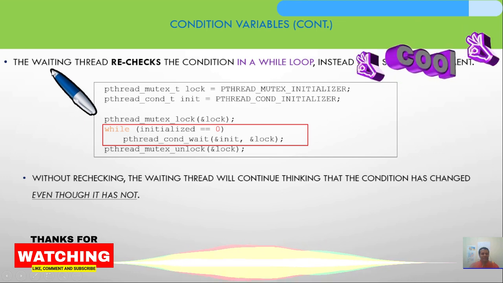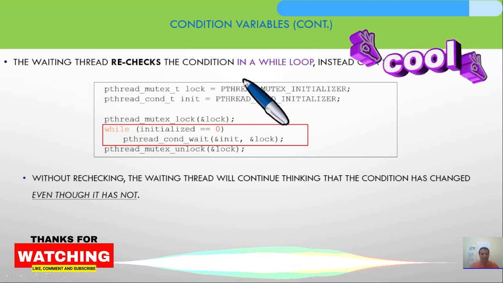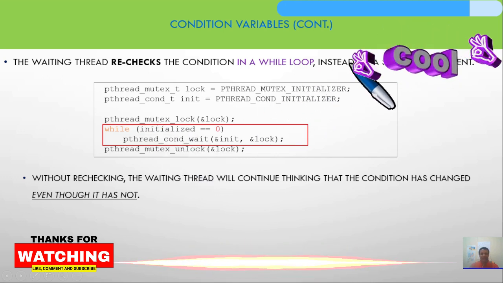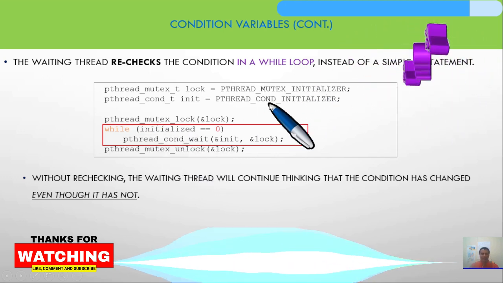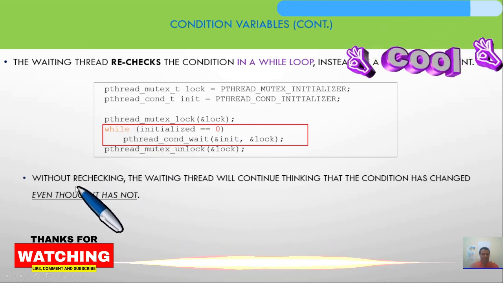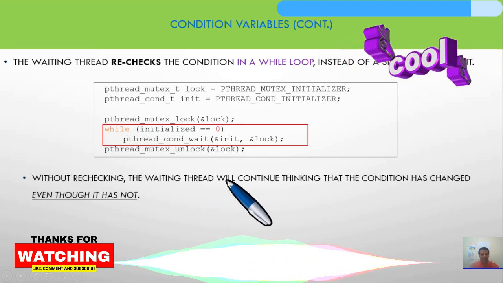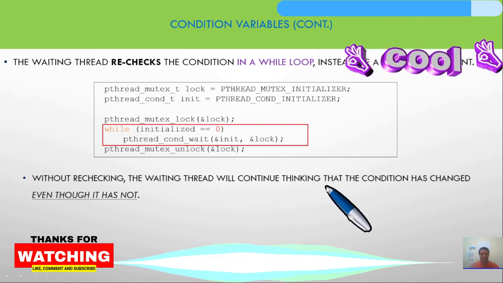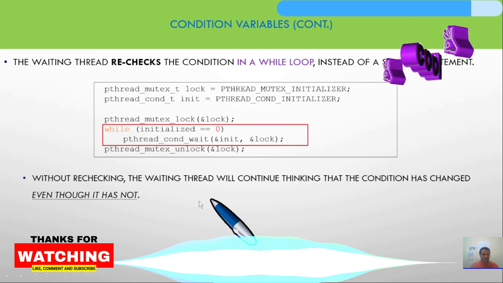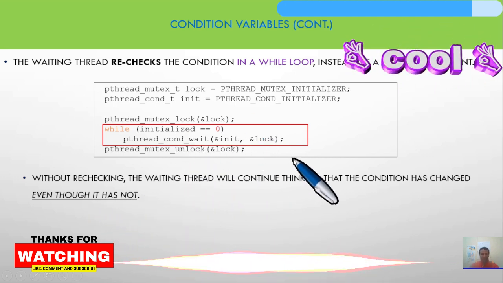Again, the waiting thread rechecks the condition in the while loop instead of a simple if statement. Without rechecking, the waiting thread will continue thinking that the condition has changed even though it has not. So that is the idea.